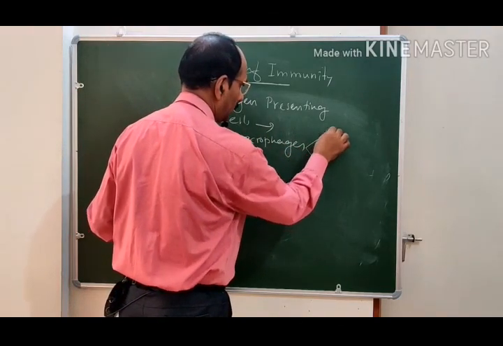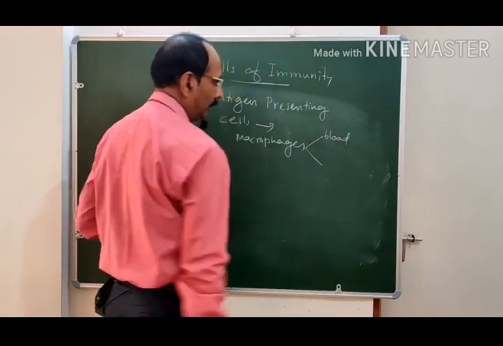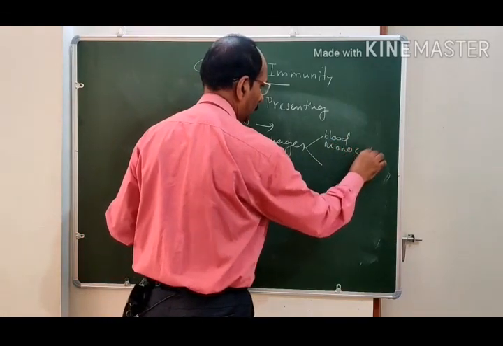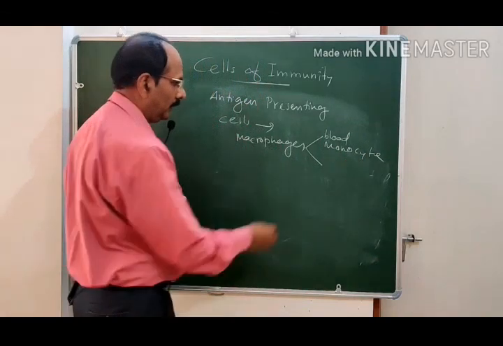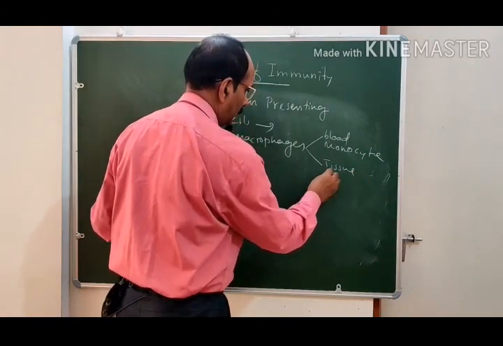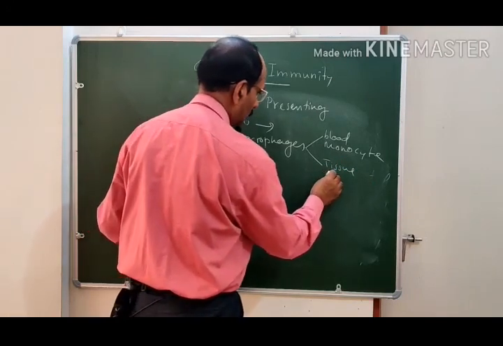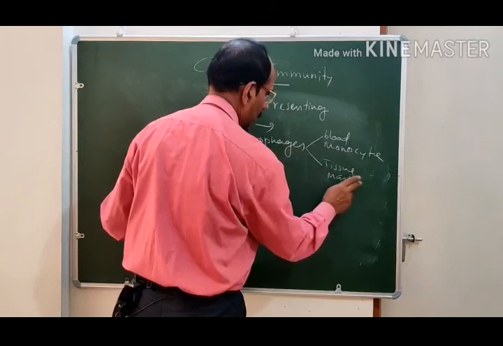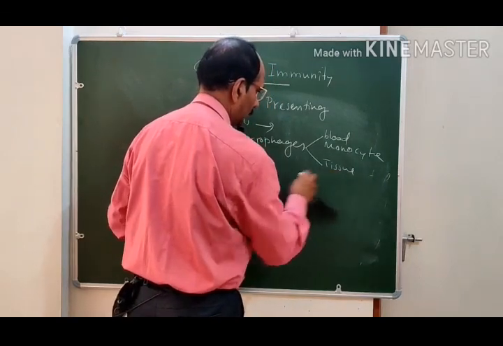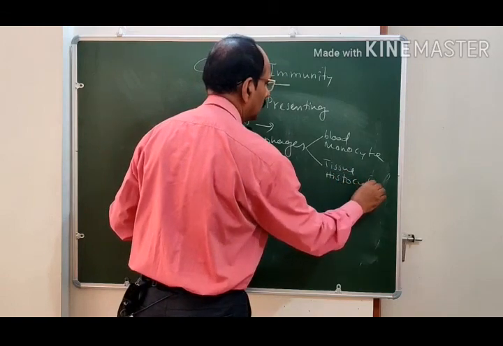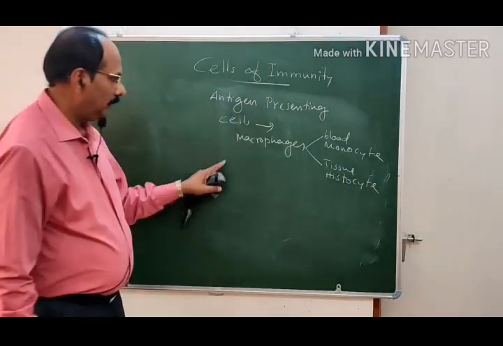One is in the blood, where the macrophage is the monocyte, a type of WBC. It is also present in the connective tissue, where it is known as the histocyte. So that is the macrophage.